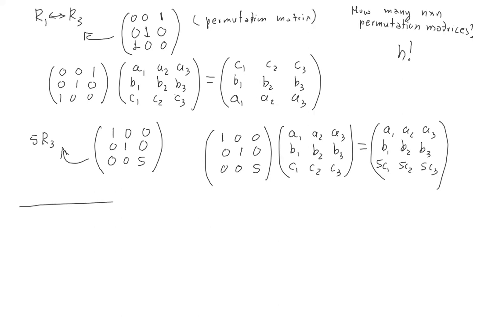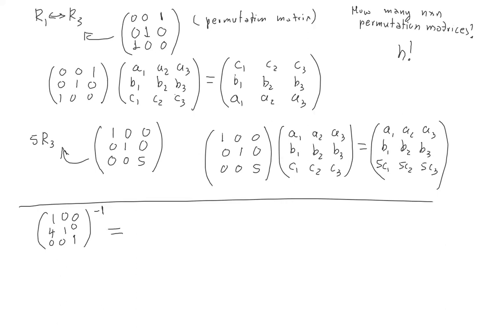So, for example, if you have an elementary matrix like the ones that I showed you in the very beginning that have the 1 on the diagonal entry, like this one, can anybody guess what is the inverse of this matrix? What is the inverse of this matrix? Can anybody guess what it's going to be? It's very easy to describe it.